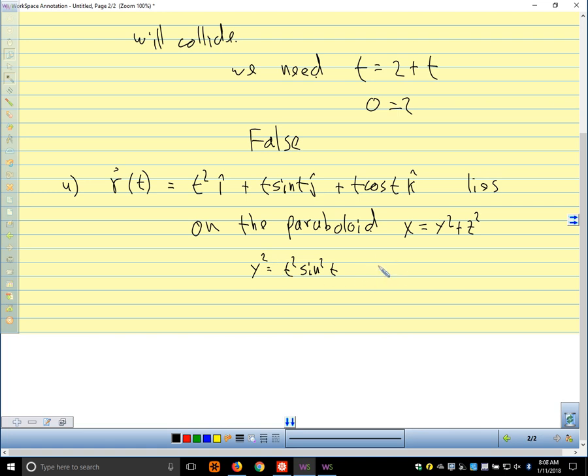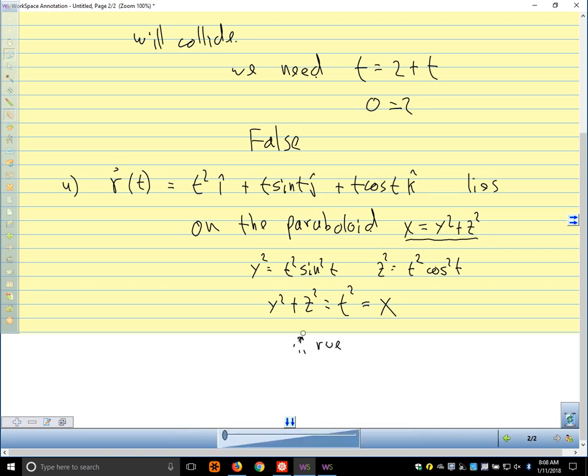And z squared is t squared cosine squared t. y squared plus z squared equals what? t squared, which is x, which is t squared. Is that this paraboloid? Yeah. Well, that's true.